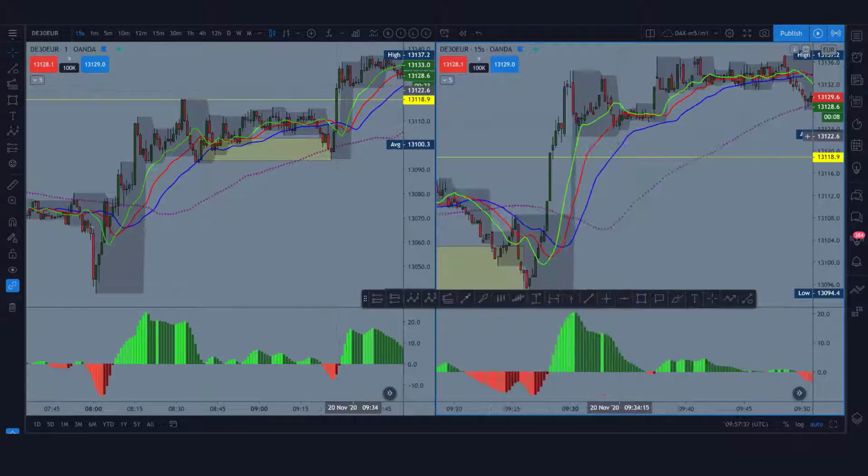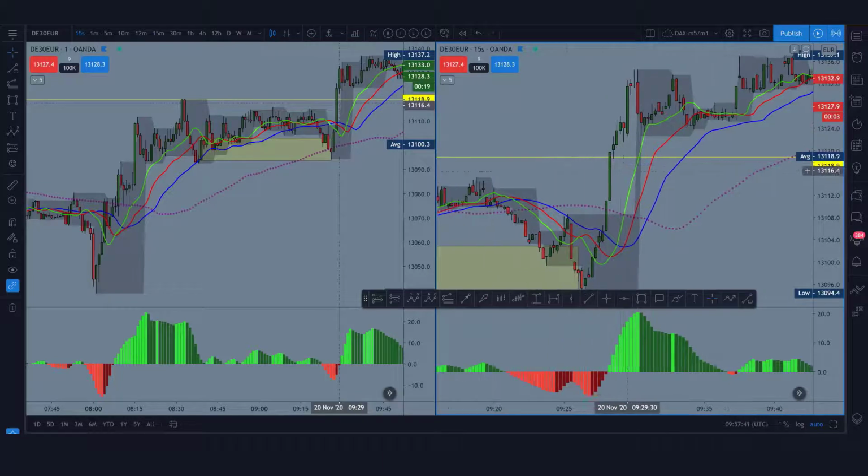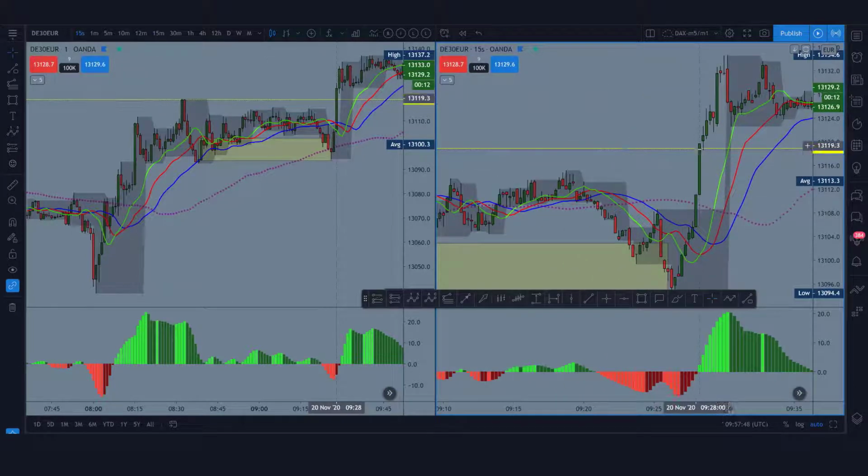And then, as you know, as soon as I had my first pause here, there are many times that if I actually tried but couldn't get in, this could have got me in because it breaks that level, hangs around that level. If I got in long here, my stop loss would be just here, a few points below.